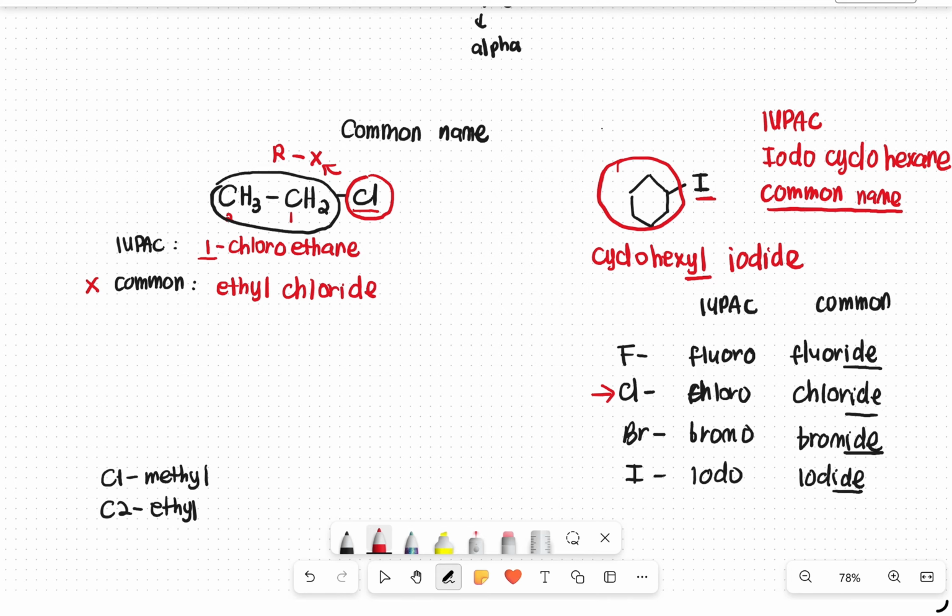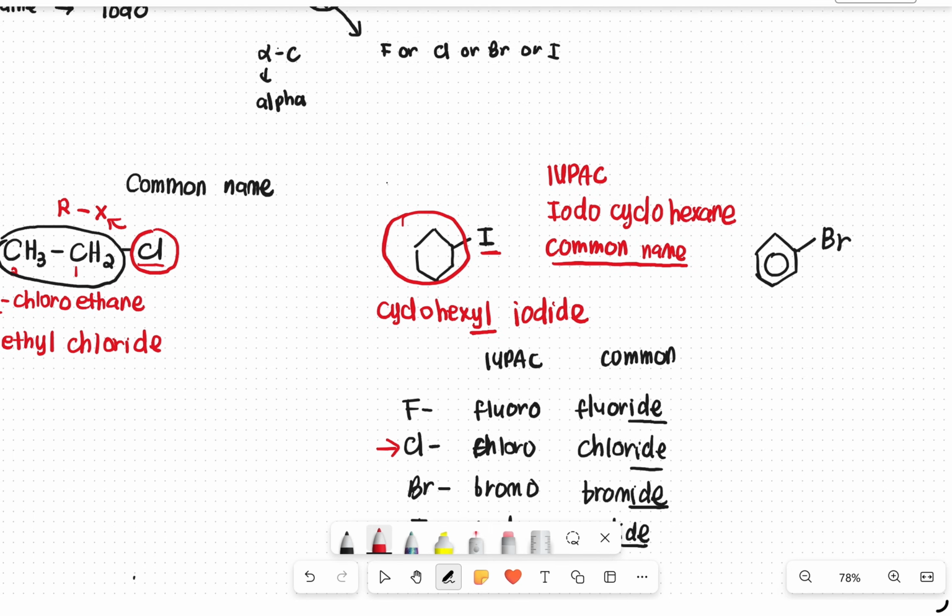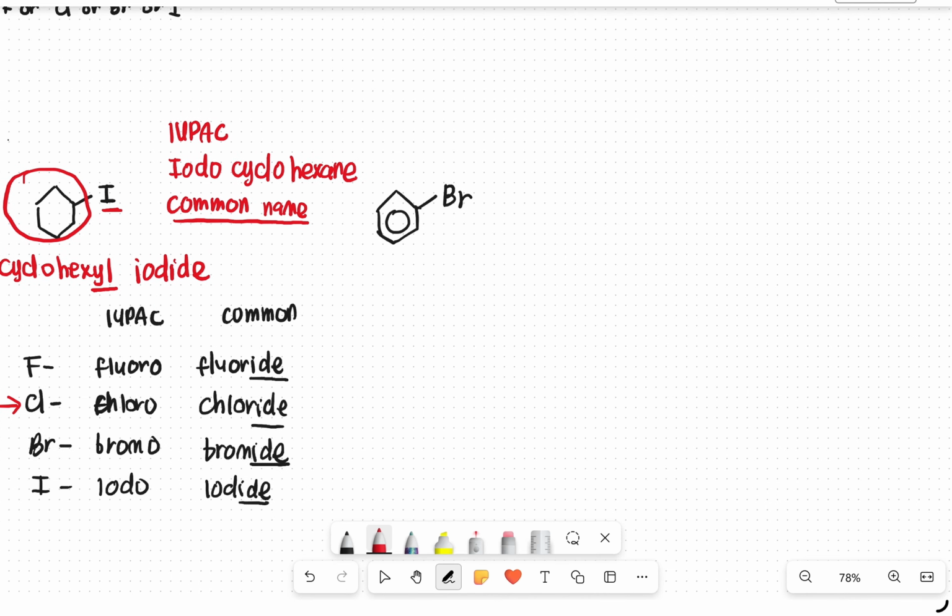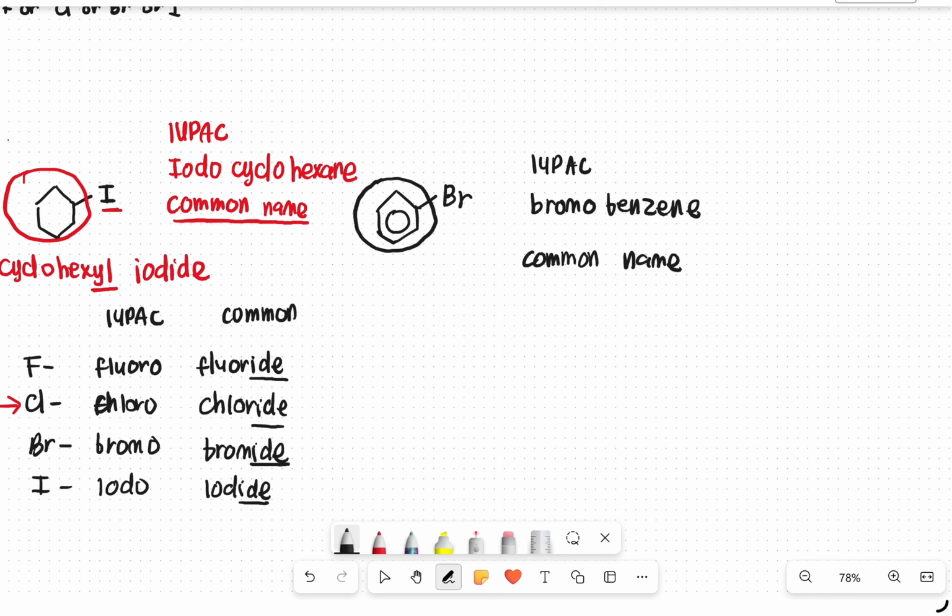So next one is this one. Originally, the name here is bromobenzene. But if we name it based on common names, this is IUPAC. If we name it based on common names, then this is the R. It's not benzene anymore, so we name it phenyl.